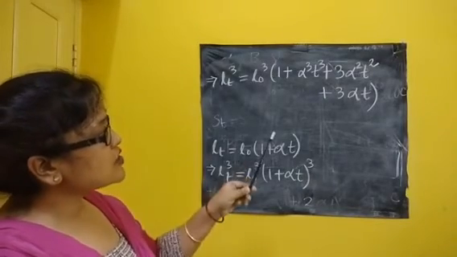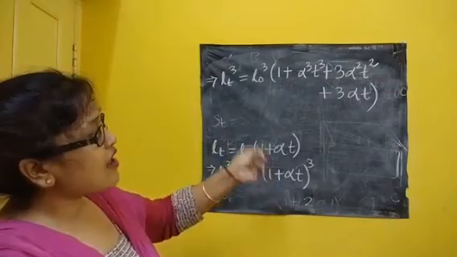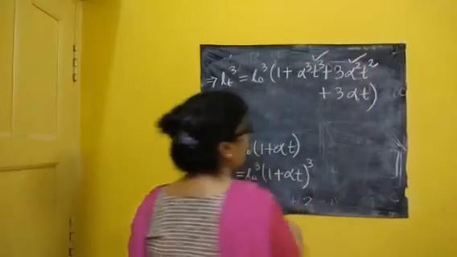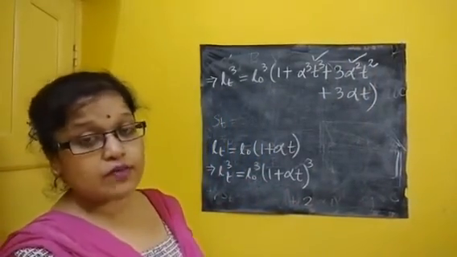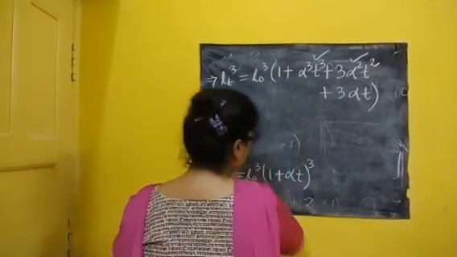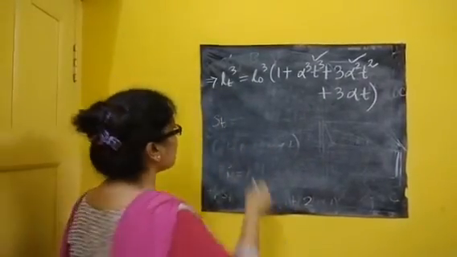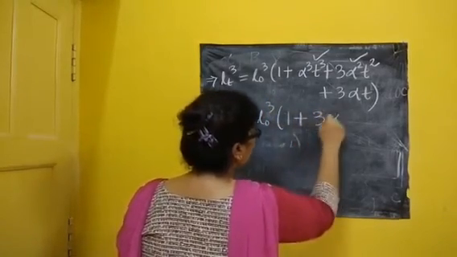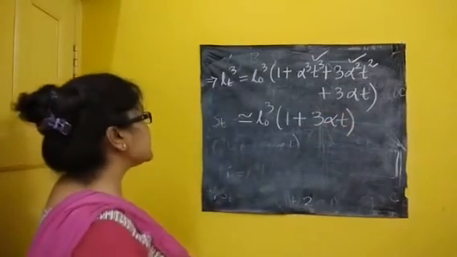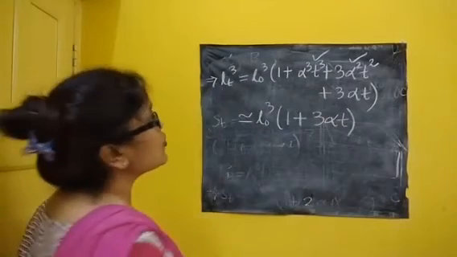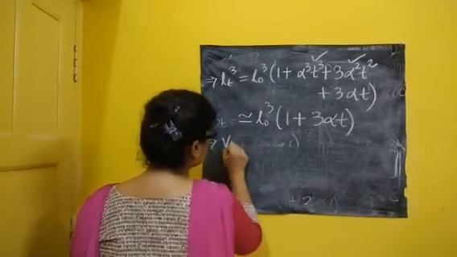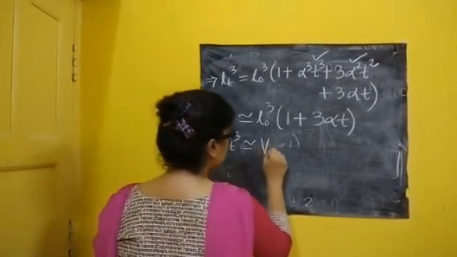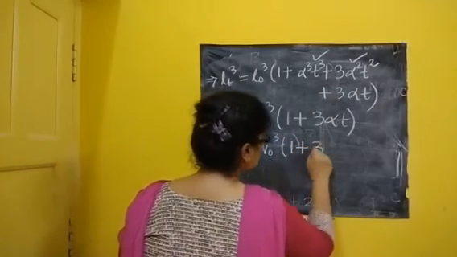So alpha square will be smaller than alpha, and alpha cube even smaller, so these two terms I can neglect because they will not affect my main calculation. Neglecting those, approximately I will get L0 cube (1 plus 3 alpha t). Already I had considered that Lt cube is equal to Vt. So in place of Lt cube I am putting Vt, and in place of L0 cube I can put V0. Clear? 1 plus 3 alpha t.